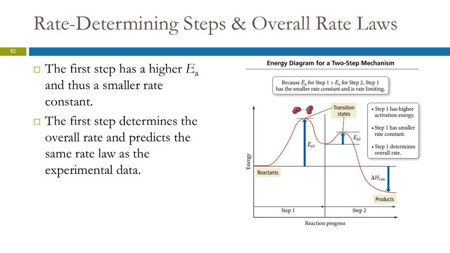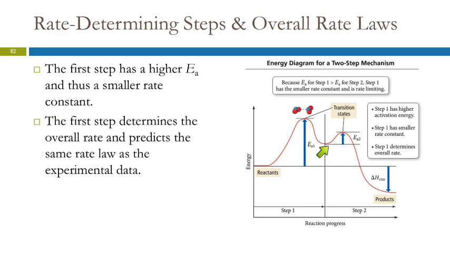So we can draw an energy diagram for this, where we've got energy increasing on the y-axis, reaction progress on the x-axis. We're starting here with our reactants, and in order to get to an intermediate, here's our transition state, and then we're going to get to the end of step 1 here, and we've got to get up and over this hump.